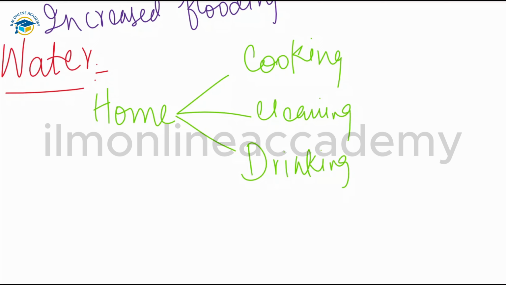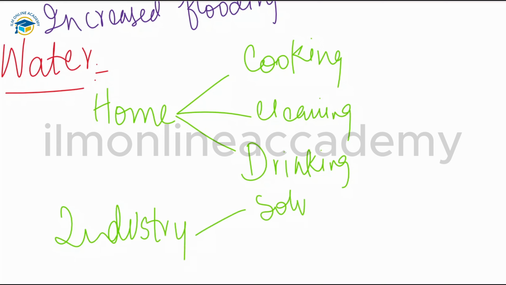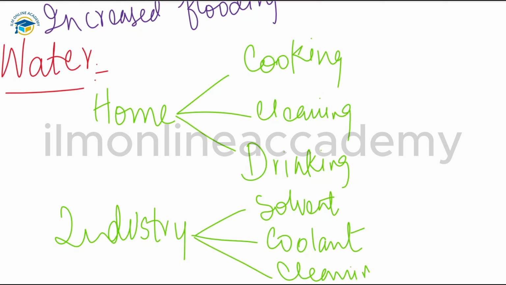And in industries, water is used in so many industrial processes as a solvent for many different reactions, as a coolant, and also for cleaning purposes, and also as a chemical reactant. So these are the uses of the water.